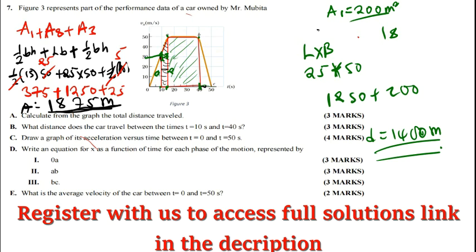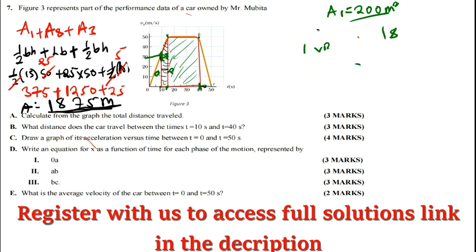Now, if I go to part C, which is saying draw a graph of its acceleration versus time, between 0 to when time was equal to 15. So here, to have the graph of acceleration versus time, to find acceleration, like we said, you just do this.